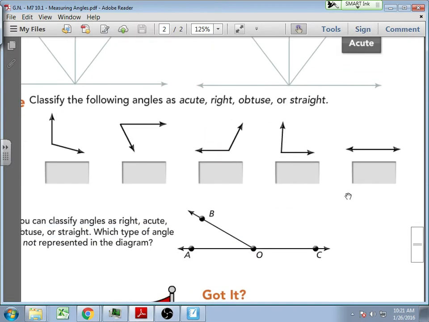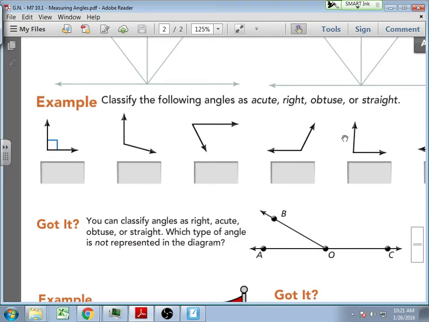Classify the following. You can write out the whole words if you want, but we can abbreviate R for right, O for obtuse, A for acute. So, I'm just going to use cards here. Bella, my first one. It's a right angle.